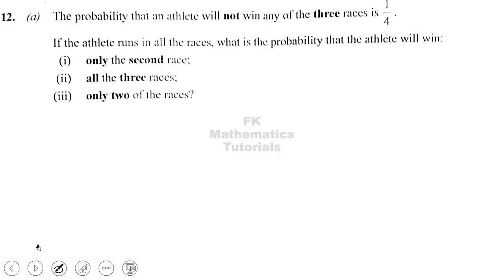We're told that there are three races, so let's say the probability of winning the first race will be 1 minus 1/4, which is 3/4, because we're told that the probability of not winning is 1/4.